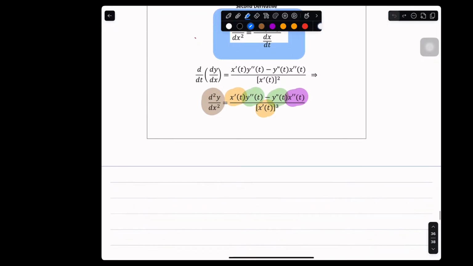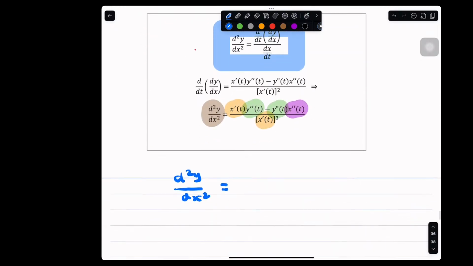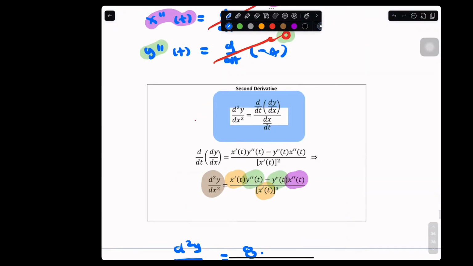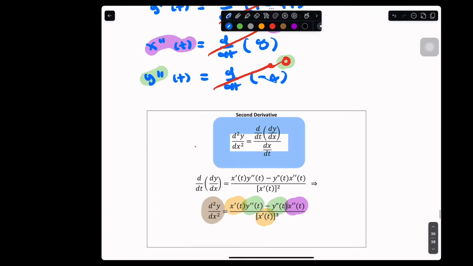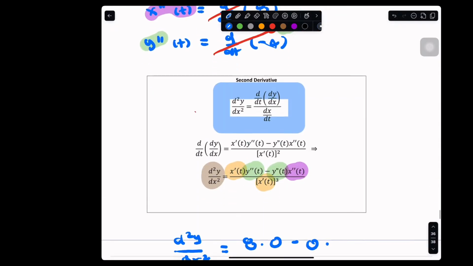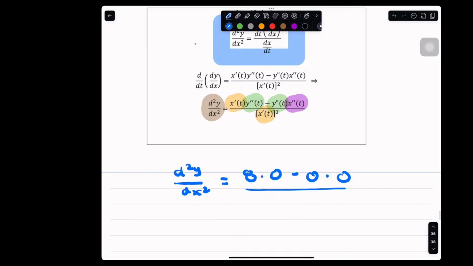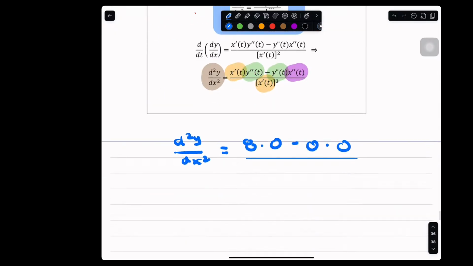So we have d squared y dx squared, x prime, 8, y double prime, 0, minus 0, x double prime is 0, over x prime to the third, which is orange, 8 cubed.